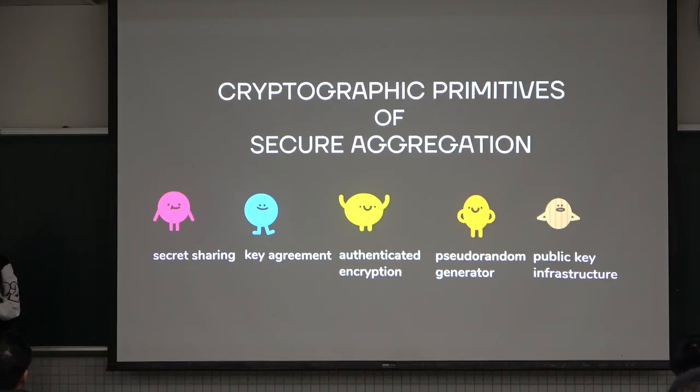And the last is the public key infrastructure. To prevent the server from simulating an arbitrary number of clients in the active adversary model, we require the support of a public key infrastructure that allows clients to register identities and sign messages using their identities.